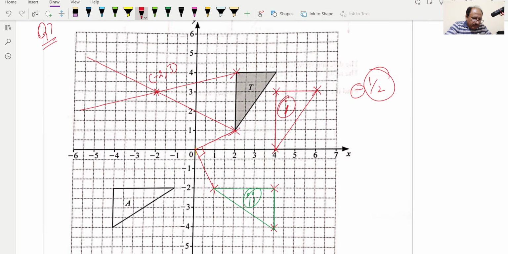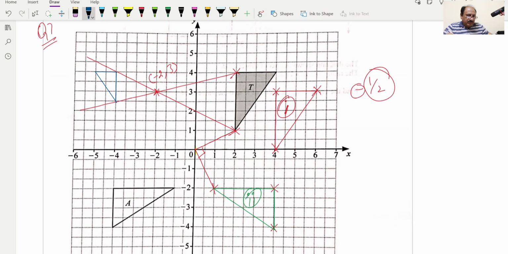So 1.5 units will be this one, and next is 2 units, so it will be 1 unit up on this side, and we can join this.